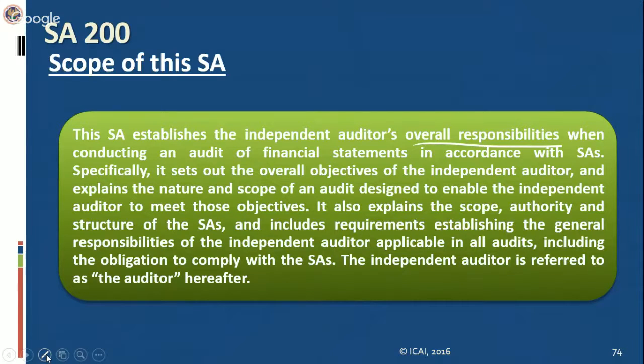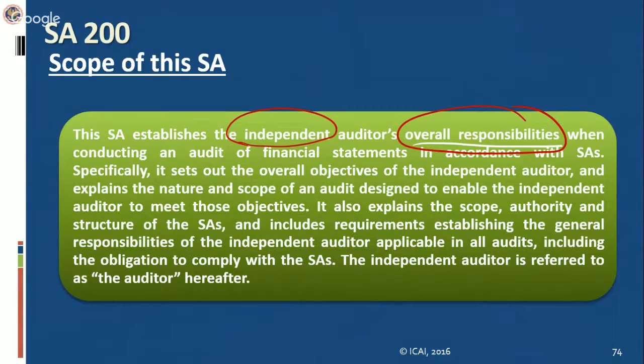Auditors' overall responsibilities when conducting an audit. Independent auditors, again independent. This is very important.